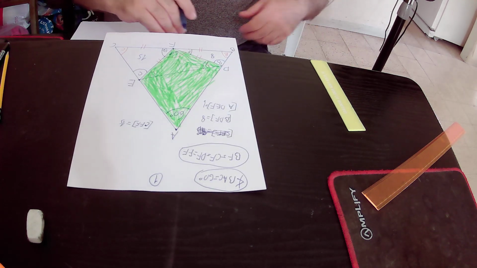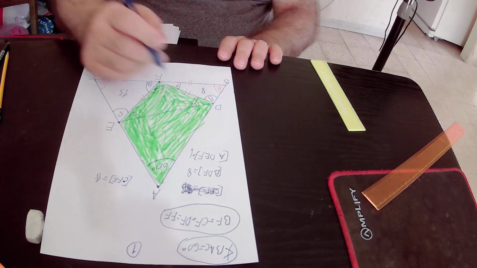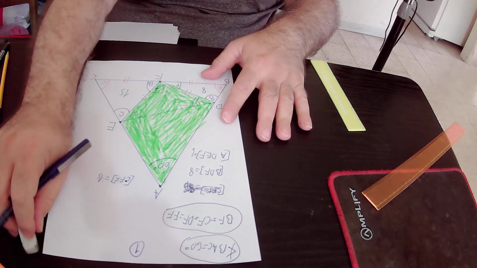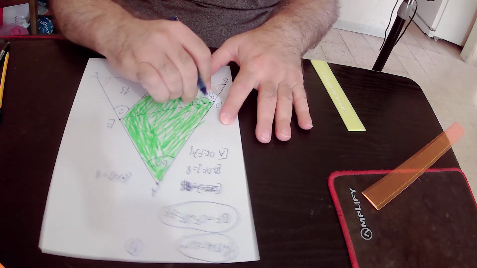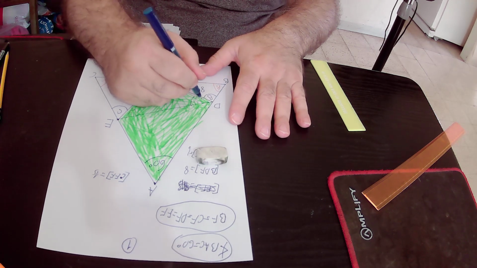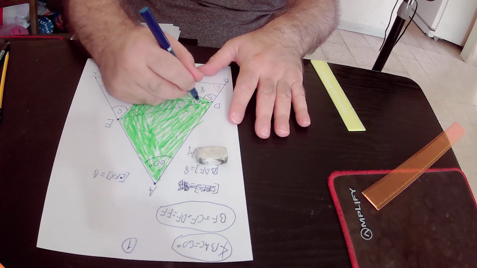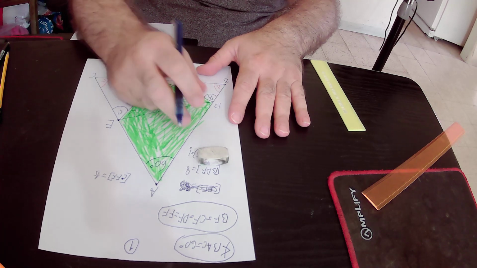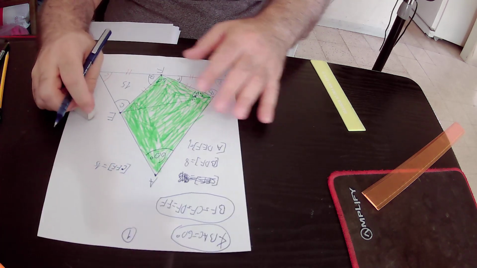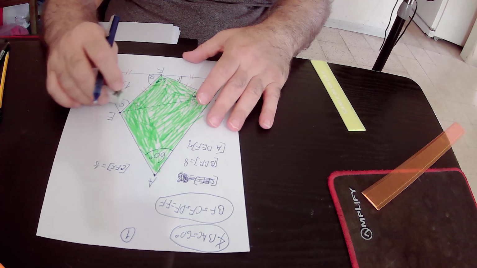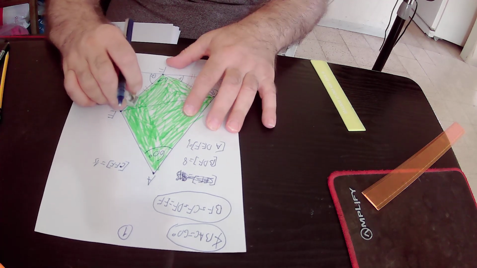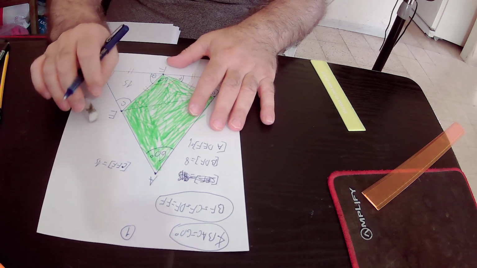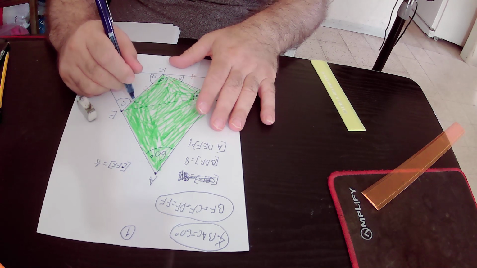So here we will substitute y by 60 degrees. So angle FDE equals 60 degrees, and angle DEF also equals 60 degrees.